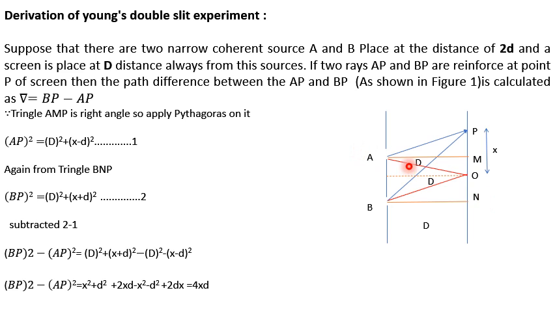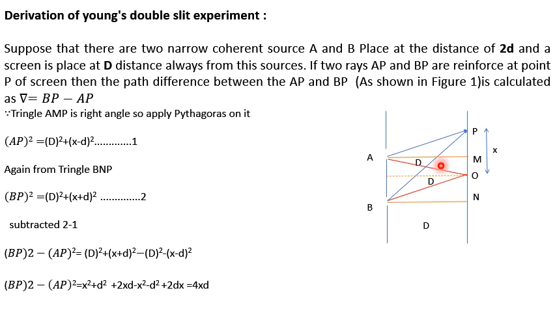Okay. Now we consider a point on the screen, O, which is at an equal distance from A and B. That's why the light rays coming from A to O and B to O have the same path, or we can say the path difference is 0.